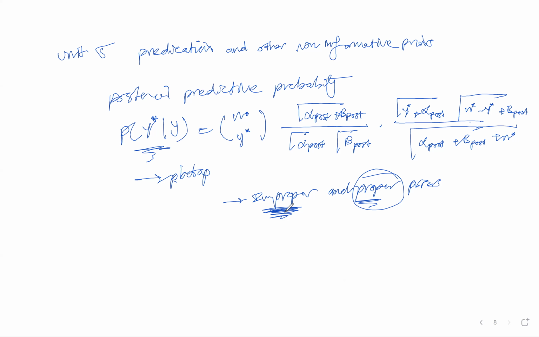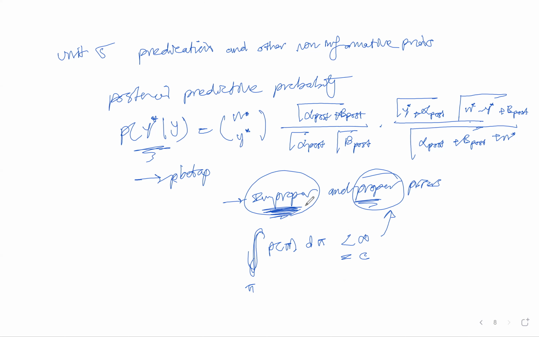What do we mean by a proper prior? It means if you take the integral over the whole range of the prior distribution with respect to pi, this integral should be less than infinity, or equal to some constant. It's not infinity. In this case, it is proper. But if the integral over the whole range of pi is infinity or unknown, the prior is improper.